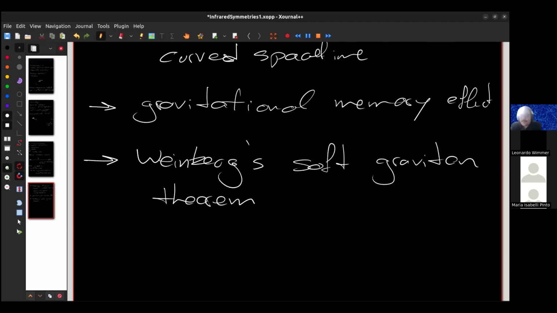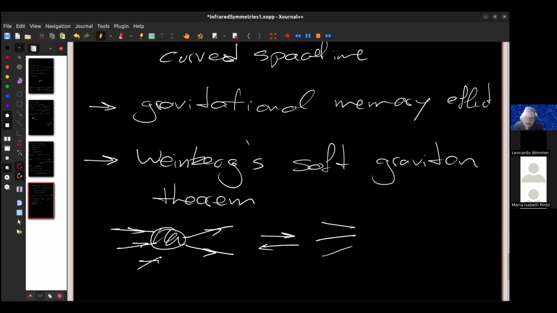By different particles, I mean specific scattering problems. So you have a few particles coming in here, they interact somehow, and some particles come out. And what Weinberg's theorem does is relate this to the same scattering with the emission of a graviton.